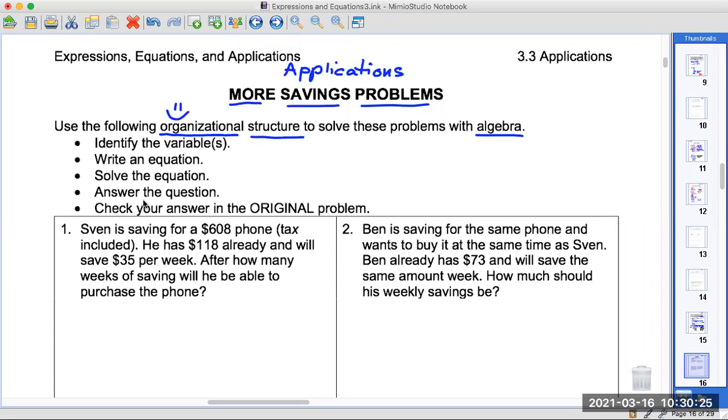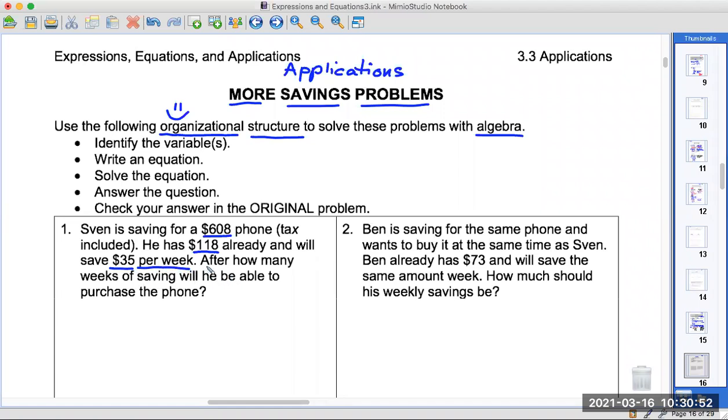So let's read number one. I always like to underline what's important. Sven is saving for a $680 phone, taxes included. He has, so this is your total amount he wants to pay for his phone. He has already $118 to start with. This is your start, and will save $35 per week. Now here's the thing.